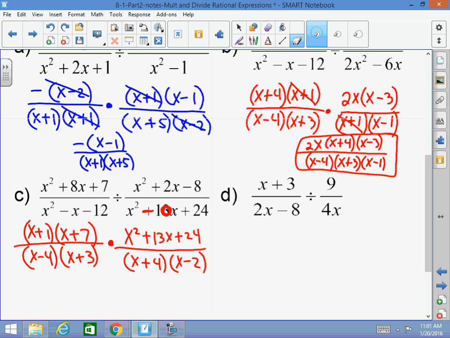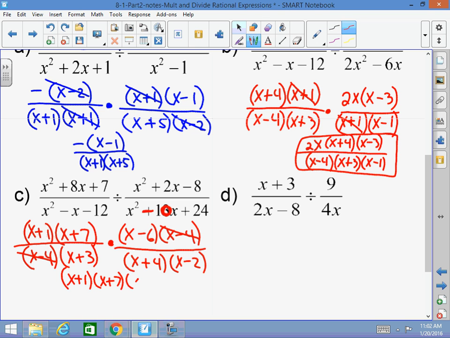If we make that a negative 10, now I can factor it and I'll be able to simplify. I apologize about that. That will be an x minus 6 and an x minus 4. Now the x minus 4s can cancel, so I'd be left with an x plus 1 times x plus 7 times x minus 6 over an x plus 3 times x plus 4 times x minus 2.